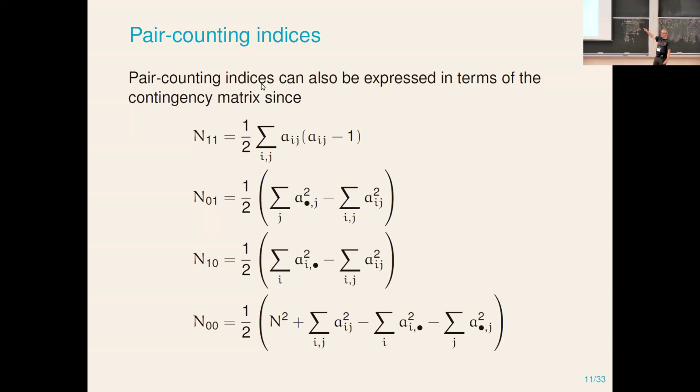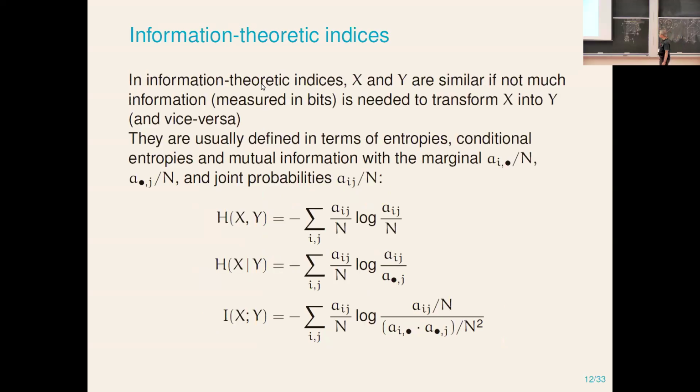You can obtain the contingency table, if you use appropriate data structures, in linear time with respect to n. And if you go counting pairs, following the definition literally, then you will have a quadratic algorithm in n. You don't want that. So keep in mind that you can compute the n11 up to n00 in terms of the contingency matrix.